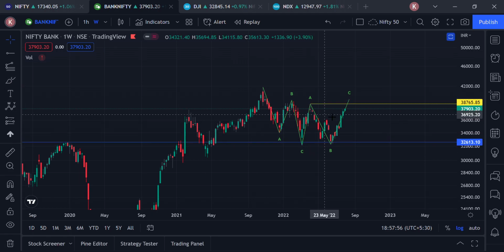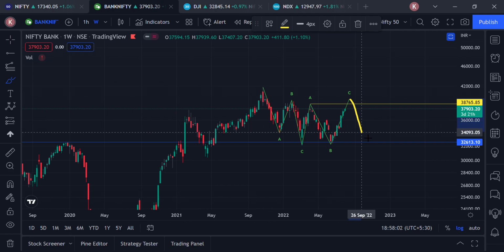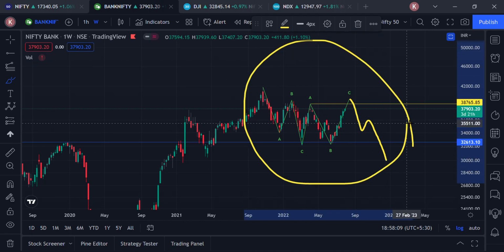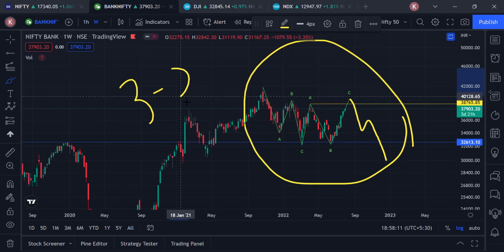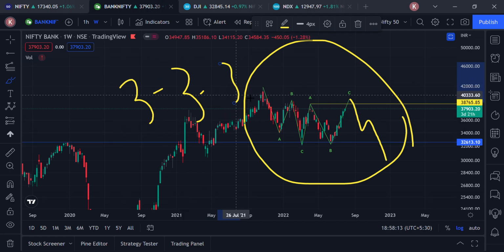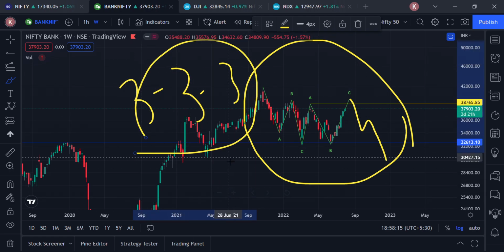In this WXY, if this is W, this is an X, and if it is a Y, then it has to fall in three waves, right? If it is ABC, see, this is a 333 pattern correction. So this is called a combination correction, or you can say a complex correction.